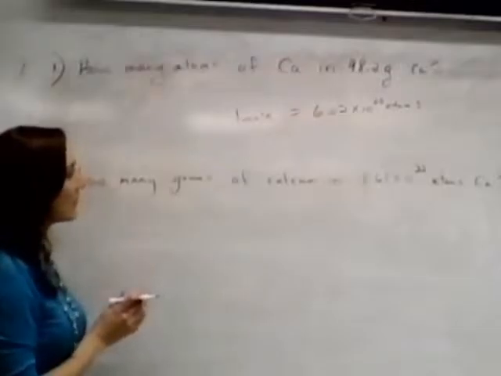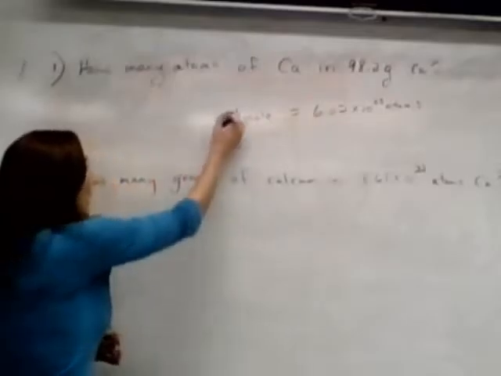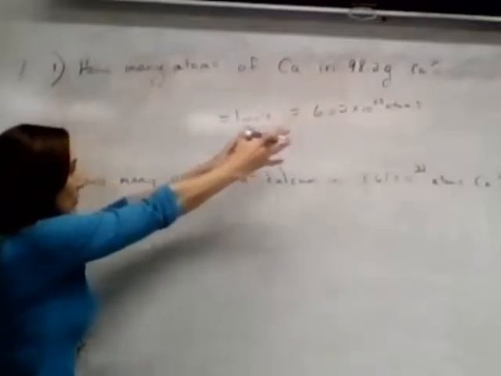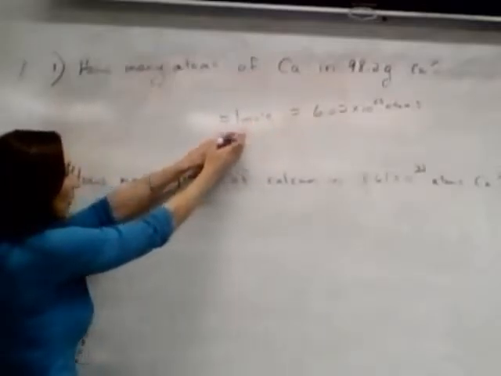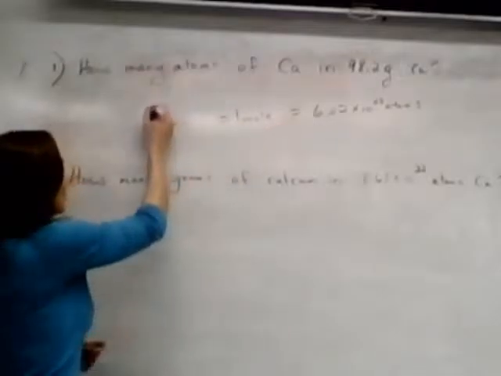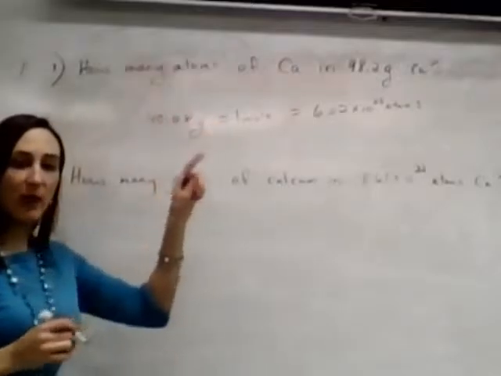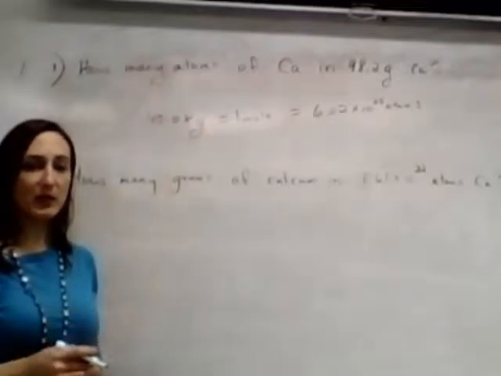Now the other half of the definition that we need involves the gram unit. For every Avogadro's number of calcium atoms, which is equal to 1 mole, the mass of that number of calcium atoms is equal to what we call molar mass. That's taking the relative mass from the periodic table and expressing it in grams.